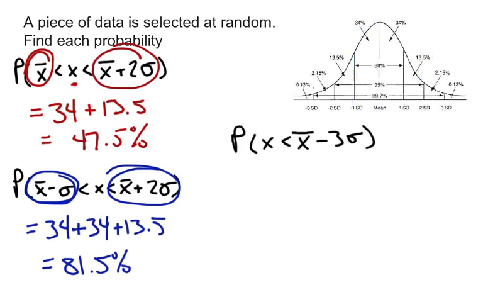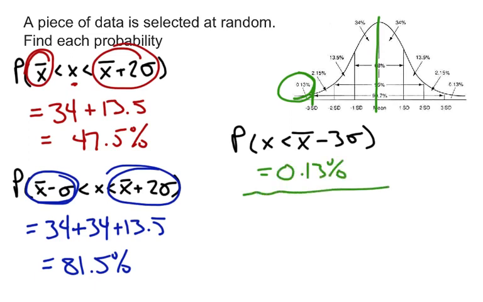Let's do one more. What's the probability that x is less than the mean minus 3 standard deviations? So here's the mean, and here's 3 standard deviations. We want to be less than that, which is just the 0.13% probability. Remember, where that came from is 3 standard deviations away. So from here to here, all of this makes 99.7%.